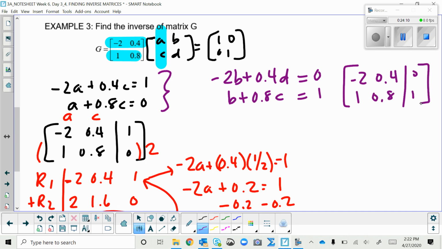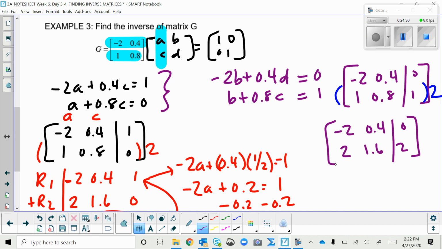I'm still going to do 2 times the second row here and add it to the first one. There's 2 times everything. Adding them gives me 0, 2, and 2.